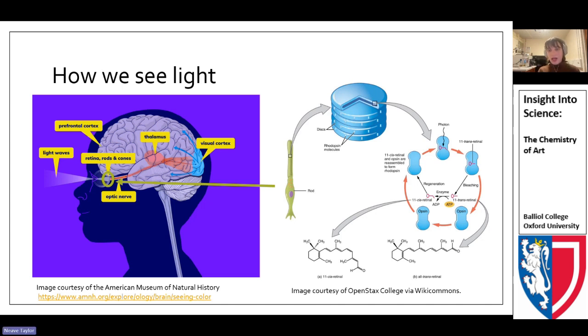When we have light of high enough intensity and of the correct wavelengths to be visible light incident on a rhodopsin molecule, the retinal actually absorbs a photon, which gives it just the right amount of energy to move from a cis retinal conformation, which is what you can see on the bottom left here, to a trans retinal on the bottom right.